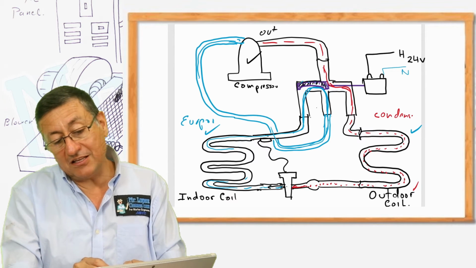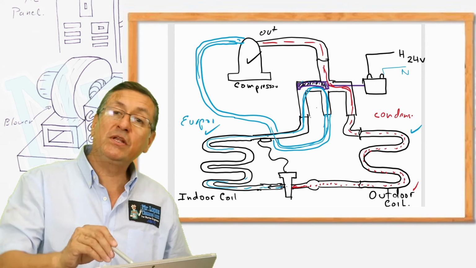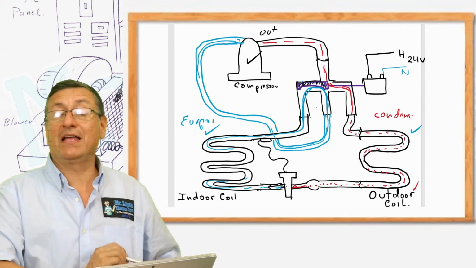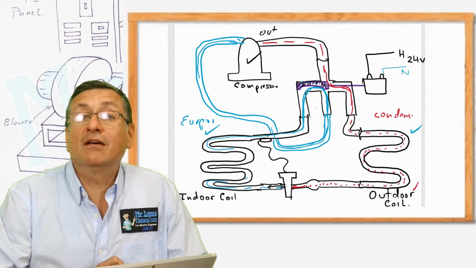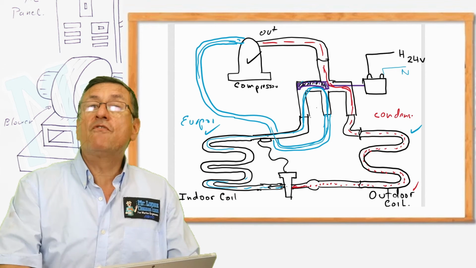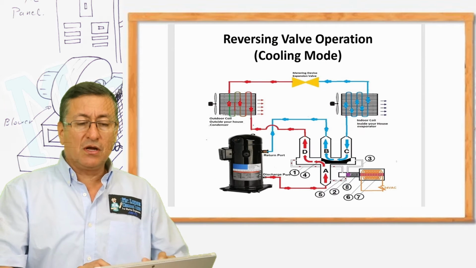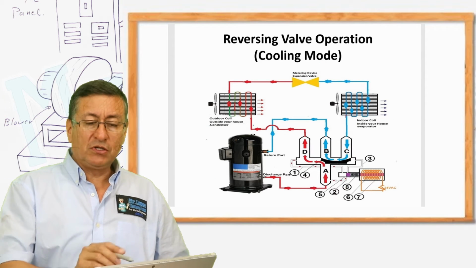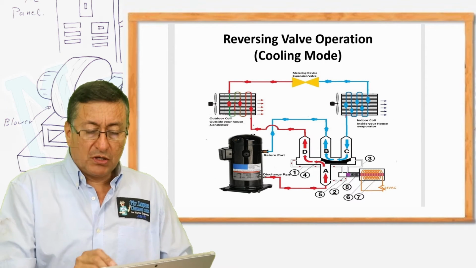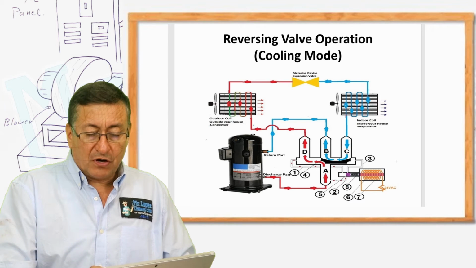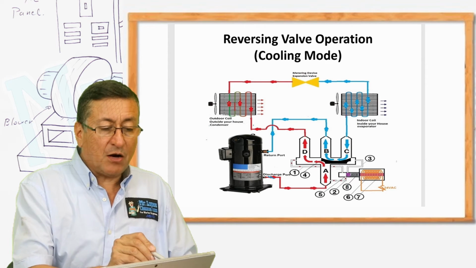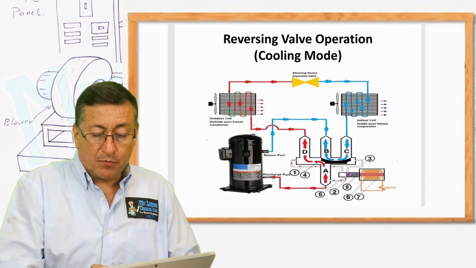If the piece of metal is located in the other position, the fluid goes to the other side. Right now, I am going to analyze that situation in the video clip that I prepared for you. We are going to analyze the cooling mode. This is the cooling mode. This is the output of the compressor.